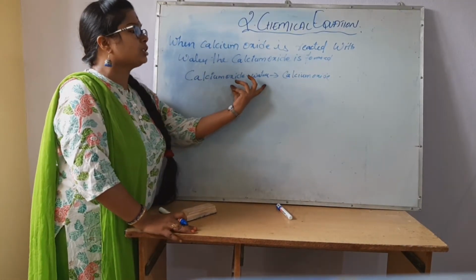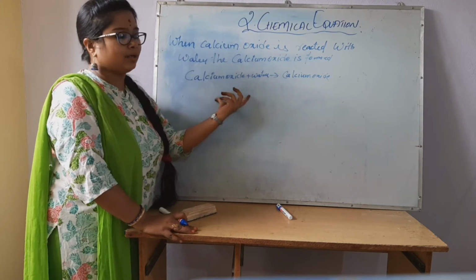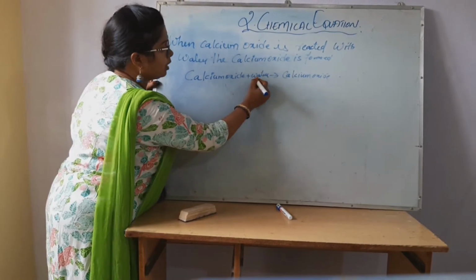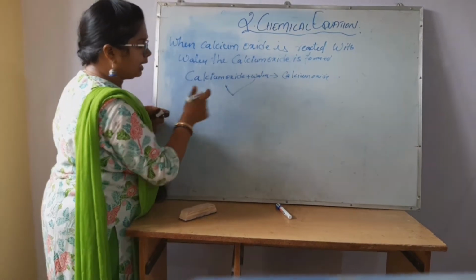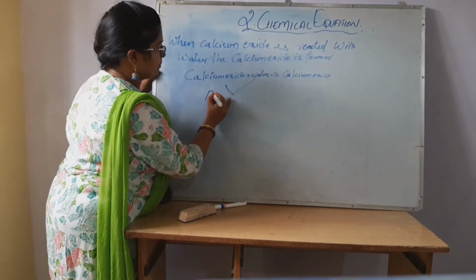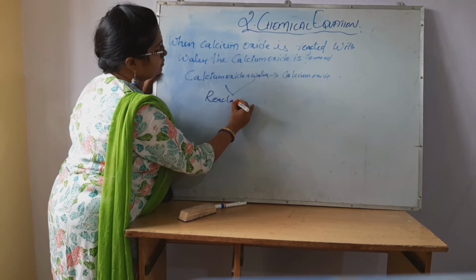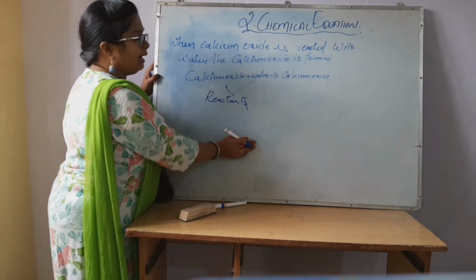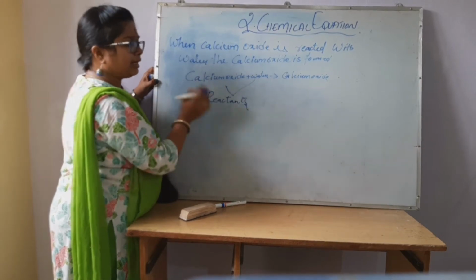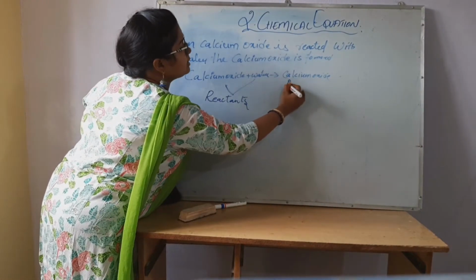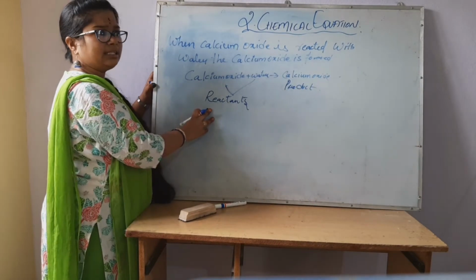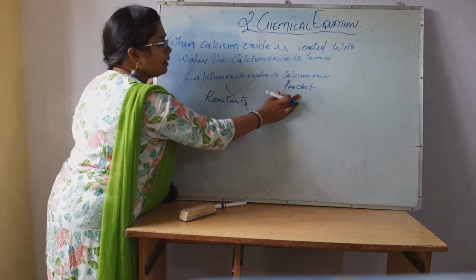The substances which participate, which combine or react, are called reactants. And after these two mix or react, the new substance which is formed is called the product.